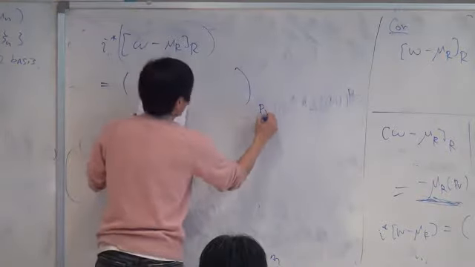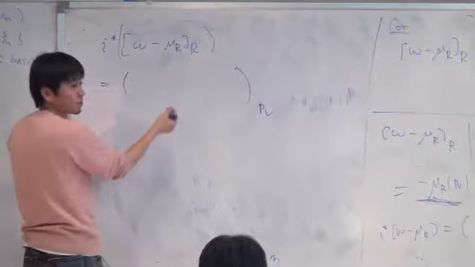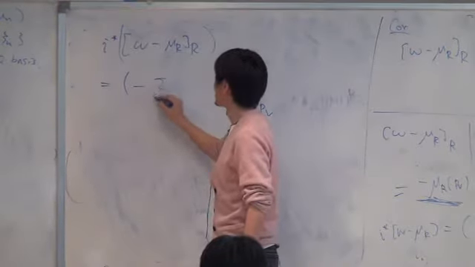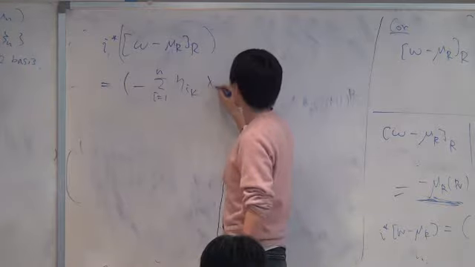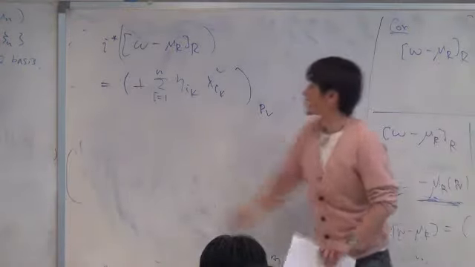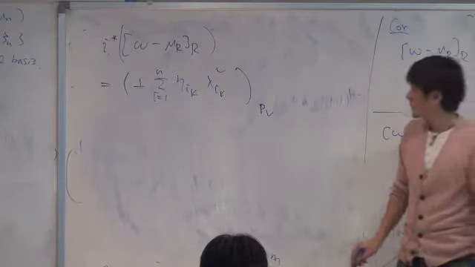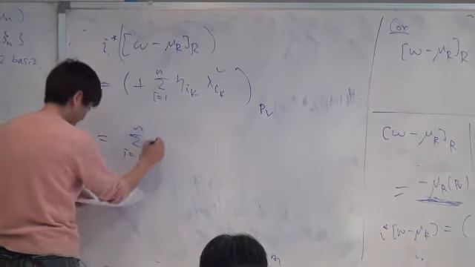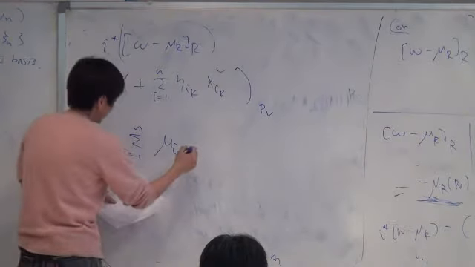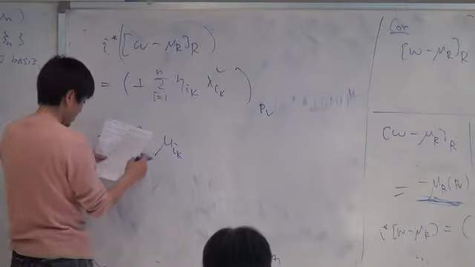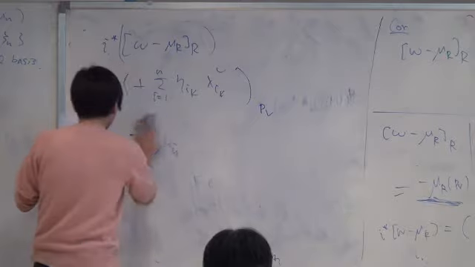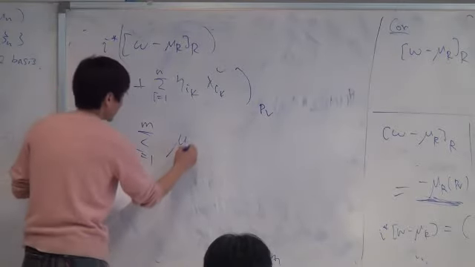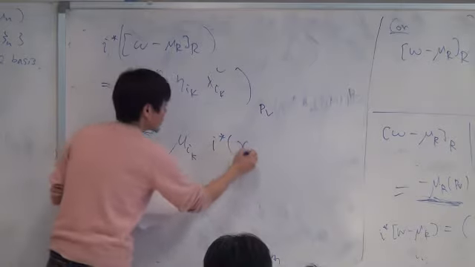So for each PV, you have minus mu r PV, which is the minus of the coordinate of the vertex, but the coordinate of the vertex is given by this minus of I. But then this is actually mu ik, so this is actually the sum over I from 1 to m of mu ik of pullback of xi.